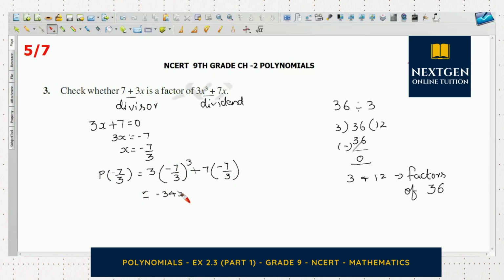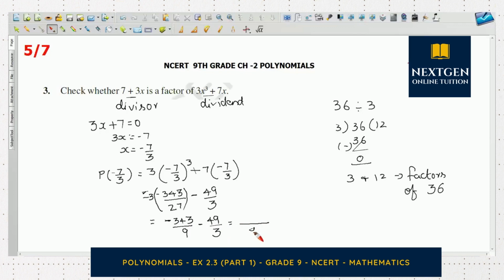Minus 343 by 27 minus 49 by 3. Sorry, I have a 3 here. I left out the 3. Fine. So on cancelling the 3 and 27, I get minus 343 by 9 minus 49 divided by 3.